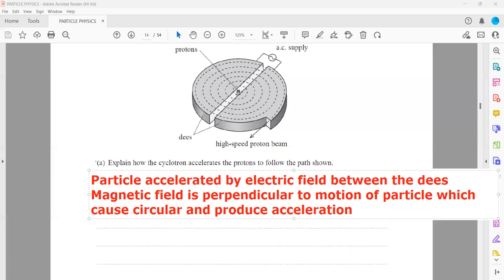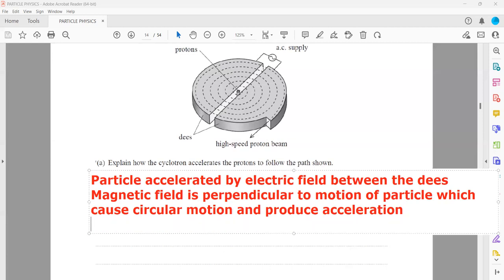So the magnetic field is perpendicular to the motion of a particle, which causes circular motion and produces acceleration. That acceleration is due to change in direction. So these are 3 points, 3 marks.